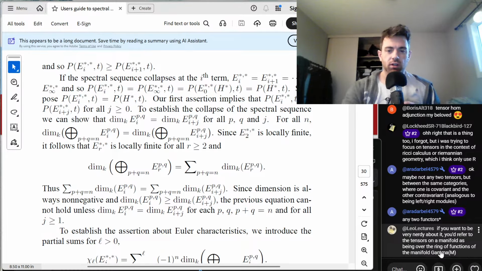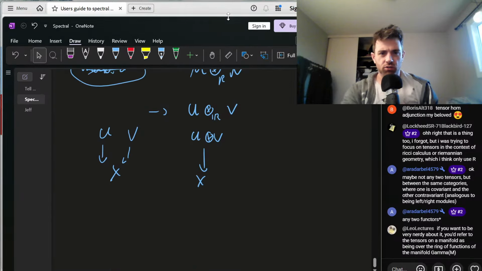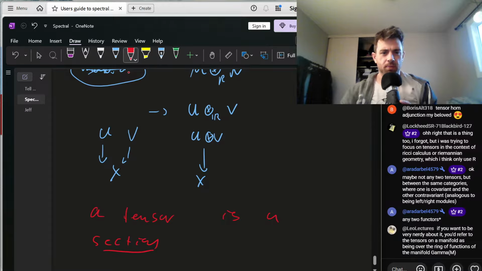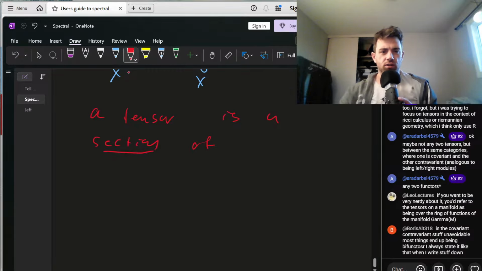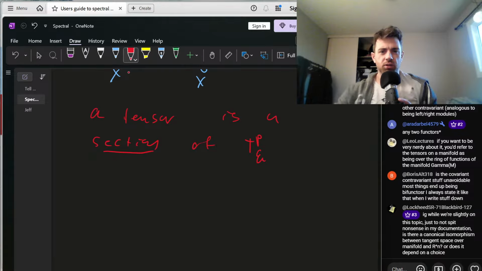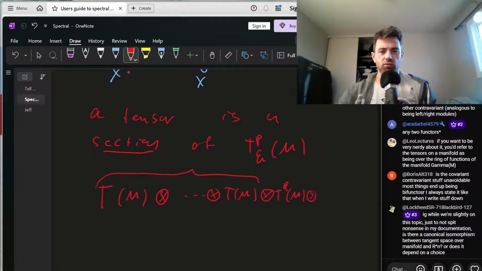I mean, when I think about a tensor, like a tensor in physics, is very specifically a section of T^p_q of your manifold, by which I mean the vector bundle which has p copies of the tangent bundle and q copies of the cotangent bundle, the dual bundle.